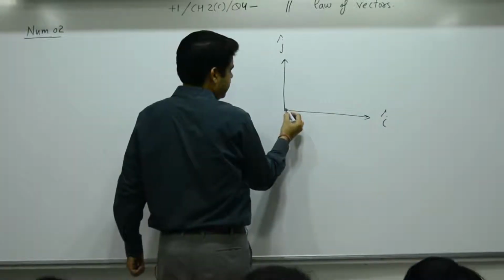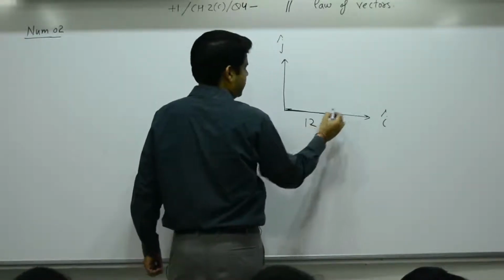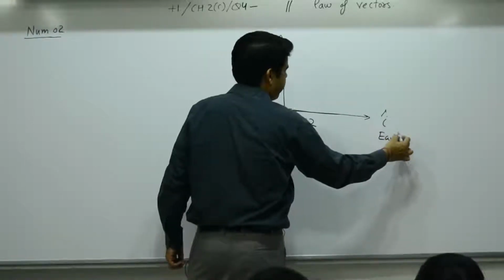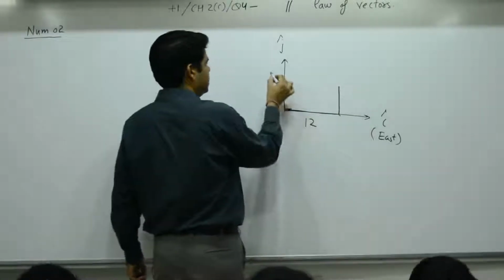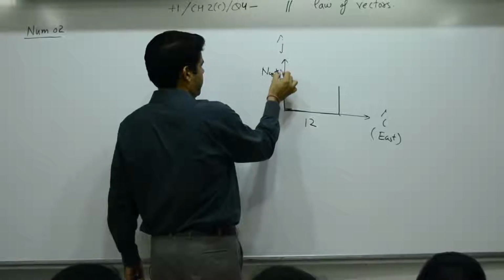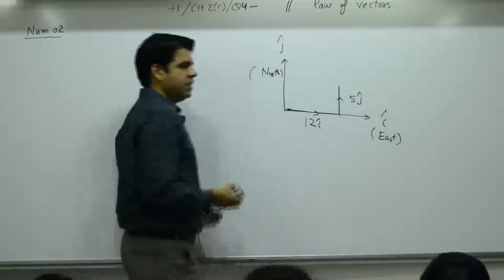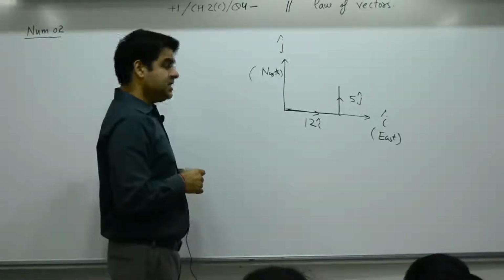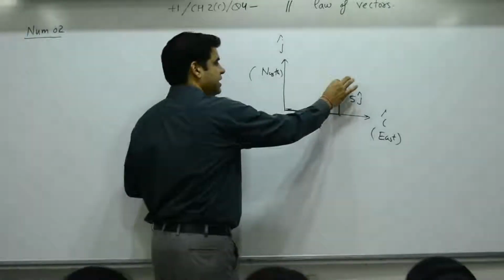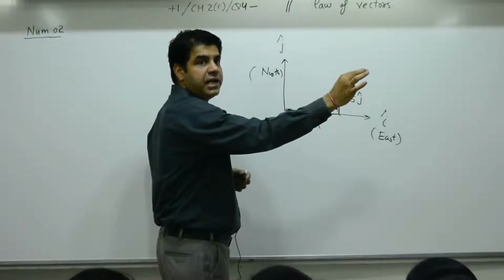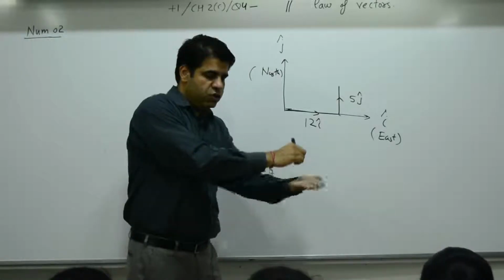First step, how much? 12 I towards east. Then how much? 5 towards north. So 12I, then 5J. Then 6 meters vertically upward. In this case, it will be perpendicular to the plane. This is the plane: 12, 5, then perpendicular to this plane.